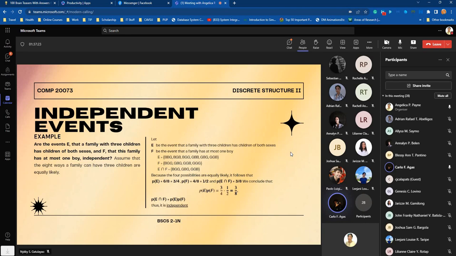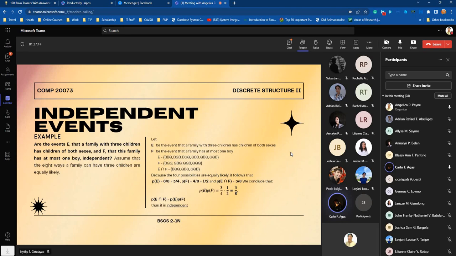Okay? Dito tayo muna sa same event or same example as earlier. Isang family, children's, paano mangyayari? So, sa event E, dun sa first event, merong family na may 3 children na merong both sex. So, meron siyang boy at girl doon sa 3 siblings. Hindi lang natin alam kung ano yung number.